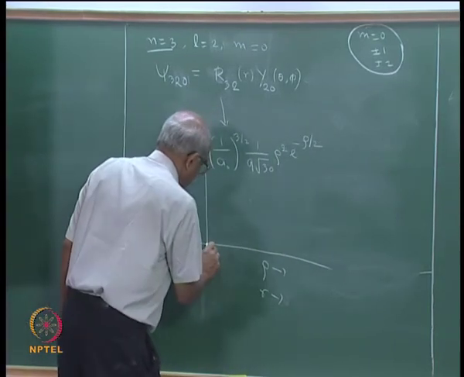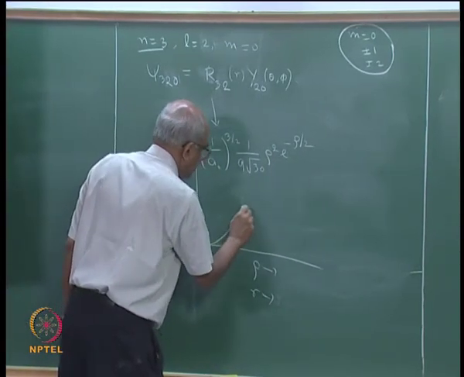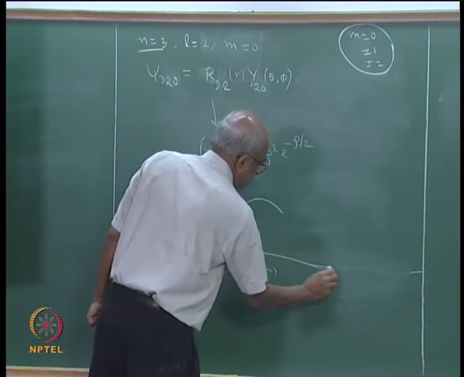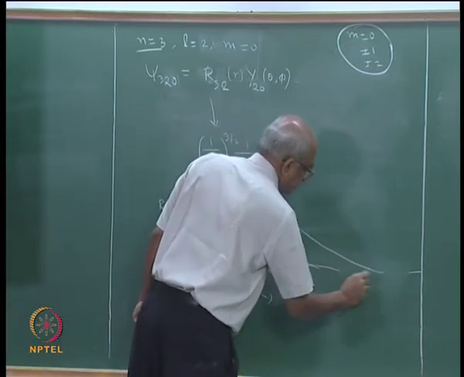So, the appearance of the plot will look something like that. It reaches a maximum and then it decreases to 0.